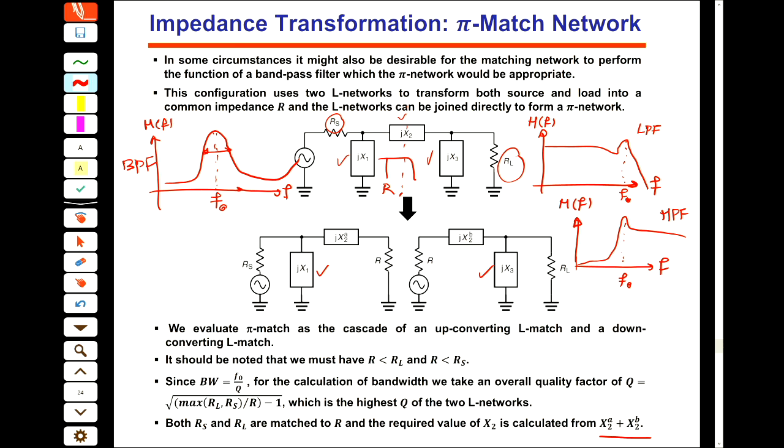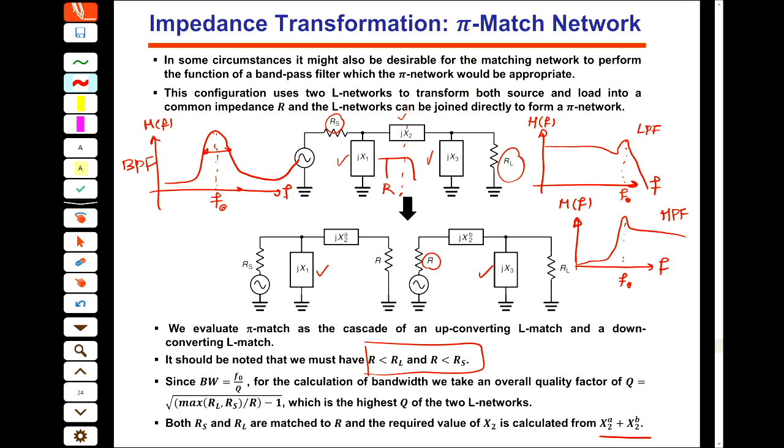How do we get the R? You can select a number. The only condition that you have to consider is that this R should be both less than RL and less than RS. Why? Because this circuit is a kind of down conversion, so the value of this R should be less than this RL.